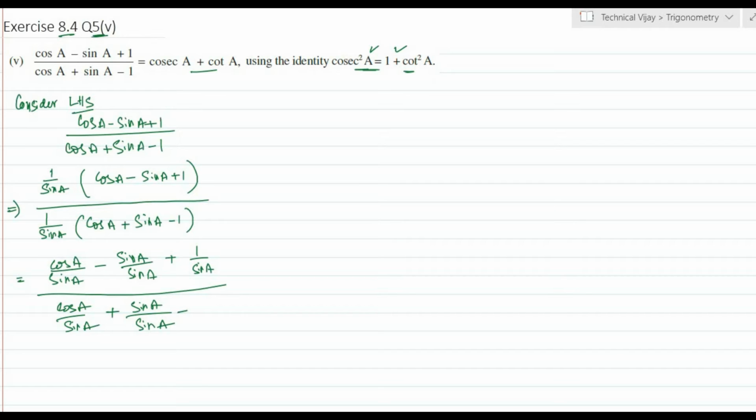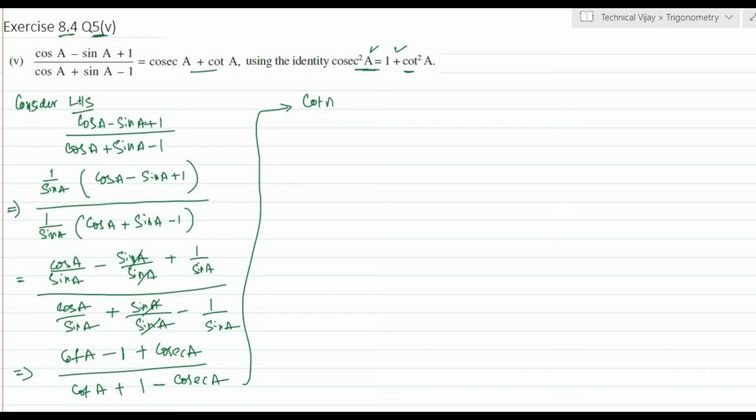Now cos A by sin A will be cot A, minus 1 this will be cancelled, plus cosecant A. Divided by cot A plus 1, minus cosecant A. So that is cot A plus cosecant A minus 1.